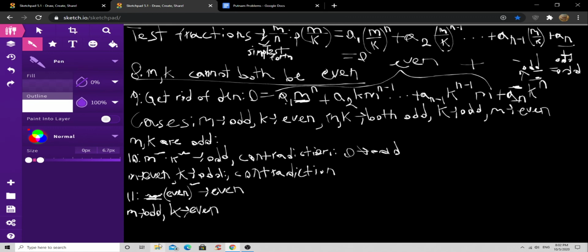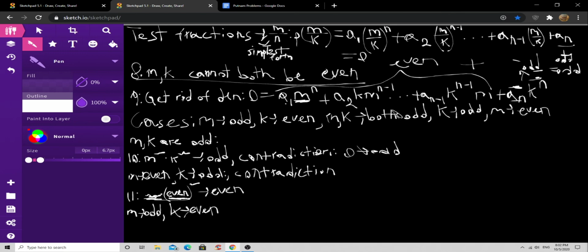So similar to this, except we have an odd number in the power here. So m is odd, and k to any power is still going to be even.